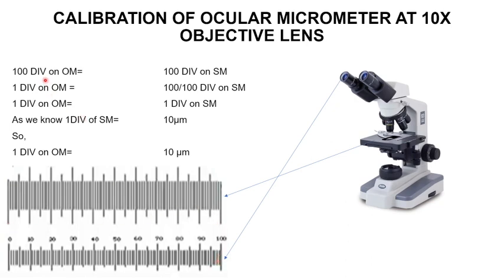So if 100 divisions on ocular micrometer are equal to 100 divisions on stage micrometer, it means that 1 division of the ocular micrometer is equal to 1 division on stage micrometer. And as it's well known that 1 division of stage micrometer is equal to 10 micrometer, 1 division on ocular micrometer at 10x objective lens is equal to 10 micrometer.